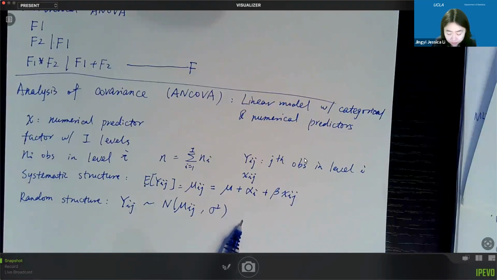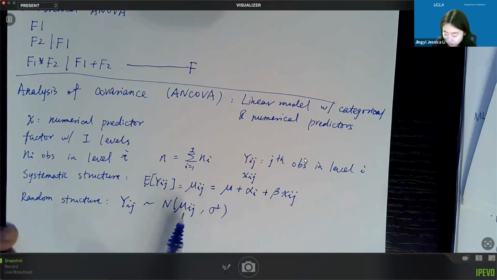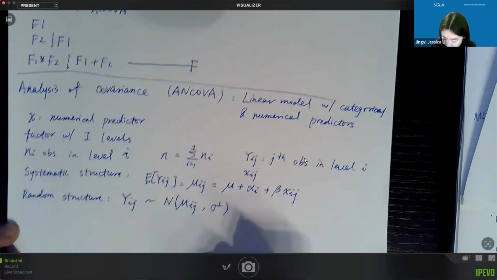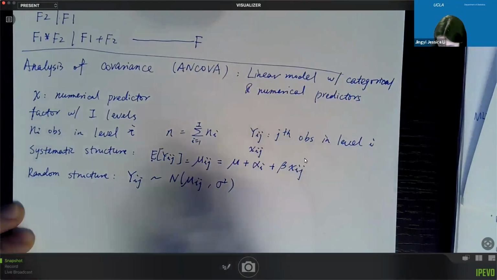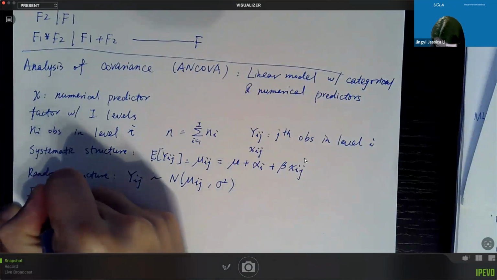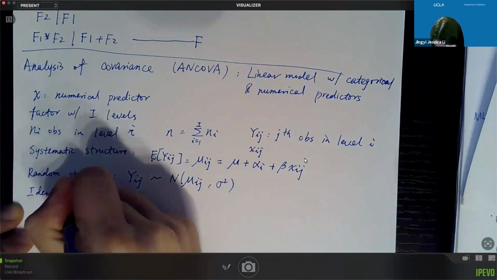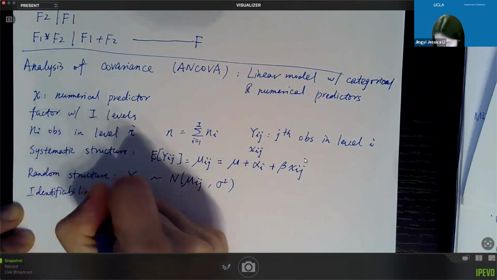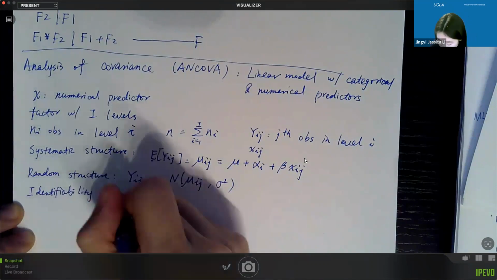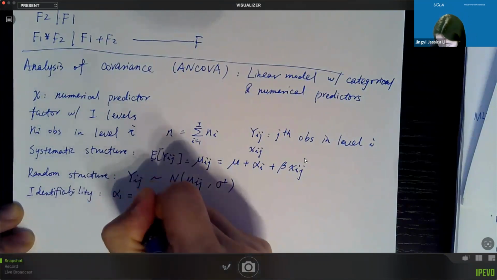So then the question we left for you in the last lecture is, how would you write out the design matrix? So the design matrix in this case, as we know for identifiability, we set the first level's offset to 0.